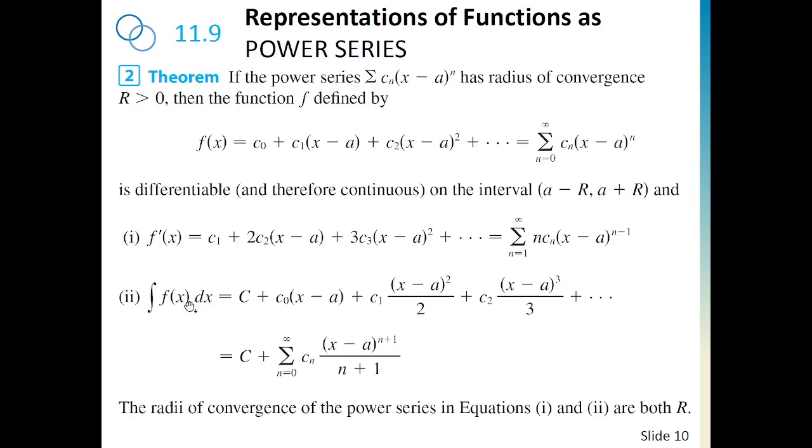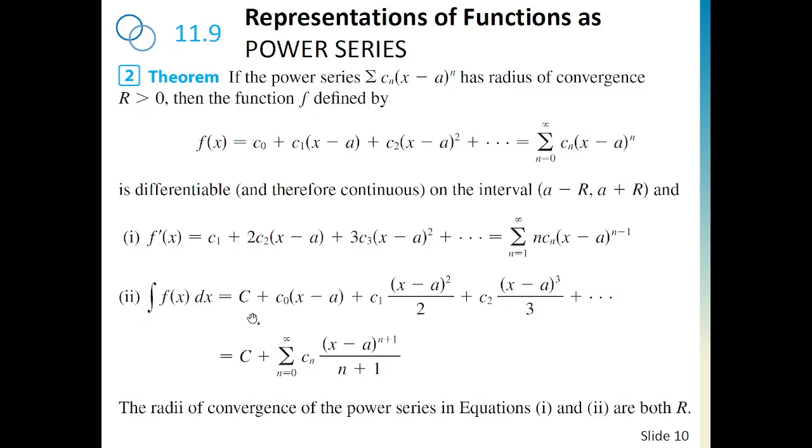Also, we can integrate. So we can integrate this term by term. So integral of a constant, we'll have C0 times x. Now here the writing is a little bit different just to have a generic term, because C0 times x minus C0 times a, that's a number, and we have a constant of integration, so we can adjust that.